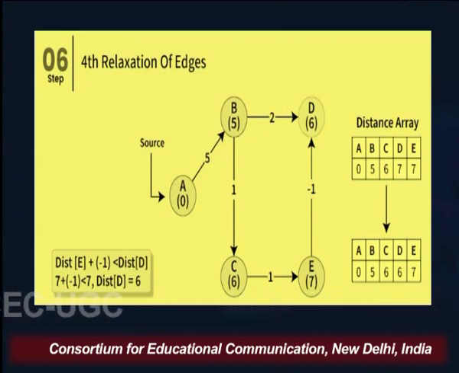So, 7 plus minus 1 is less than 7, which is distance of D, so it will now be updated to 6.